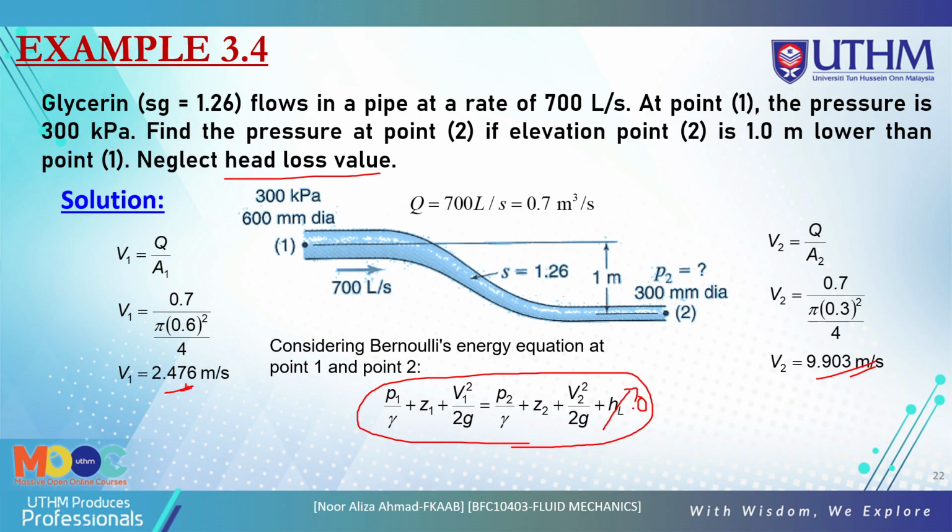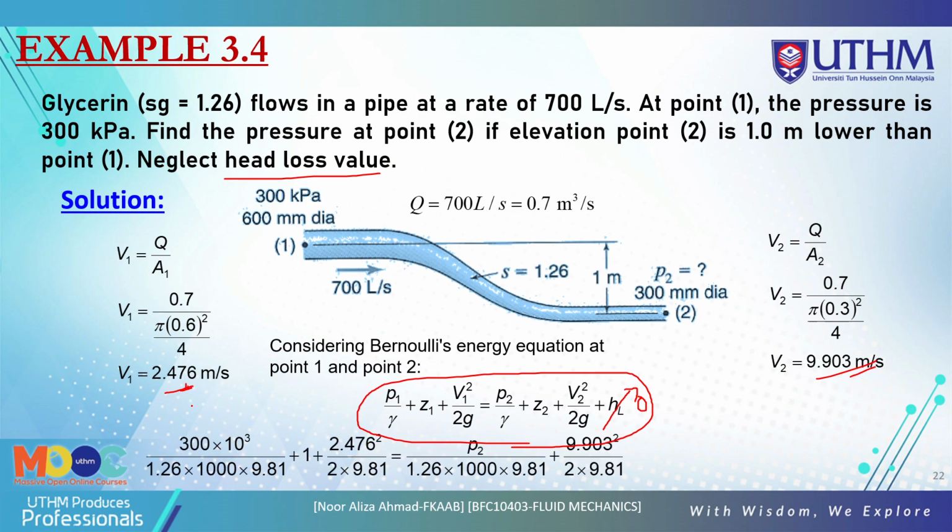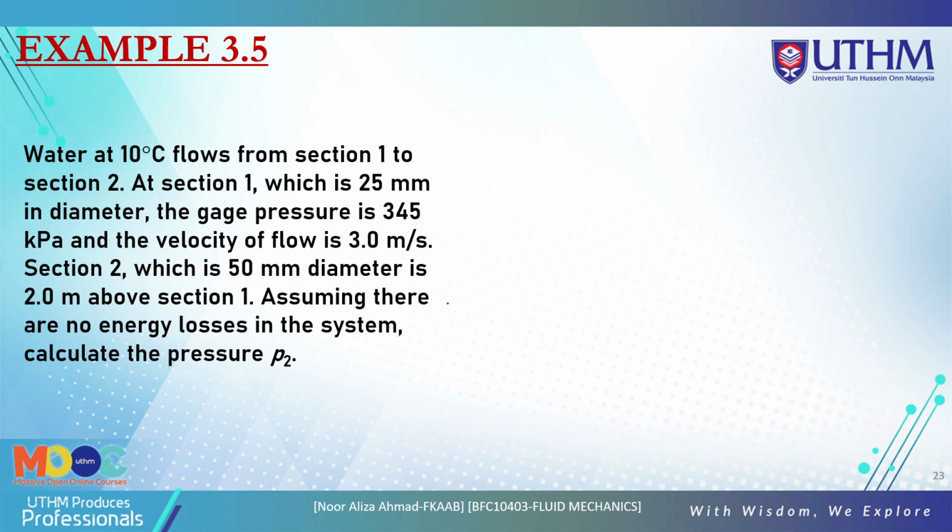Now using the Bernoulli equation, just put in all the values, V1, P1 and so on, until you get the pressure at point 2, which is 254.4 kilopascal.